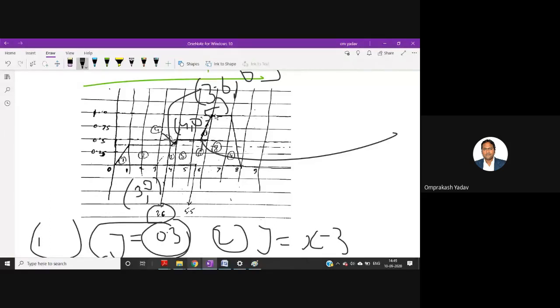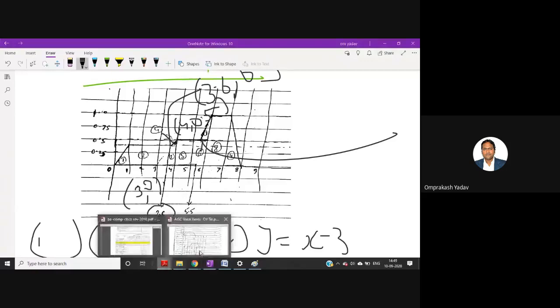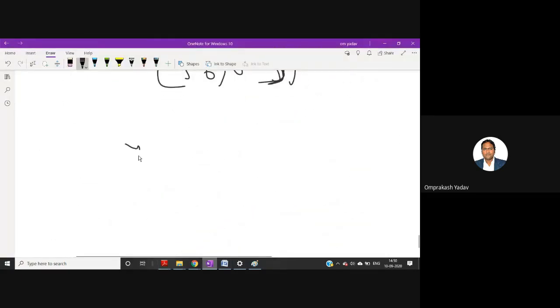Now for this one you can directly calculate because the amplitude is 1 only. So x minus 5 upon 1, that means y equal to x minus 5. The equation for this line will be y equal to x minus 5.